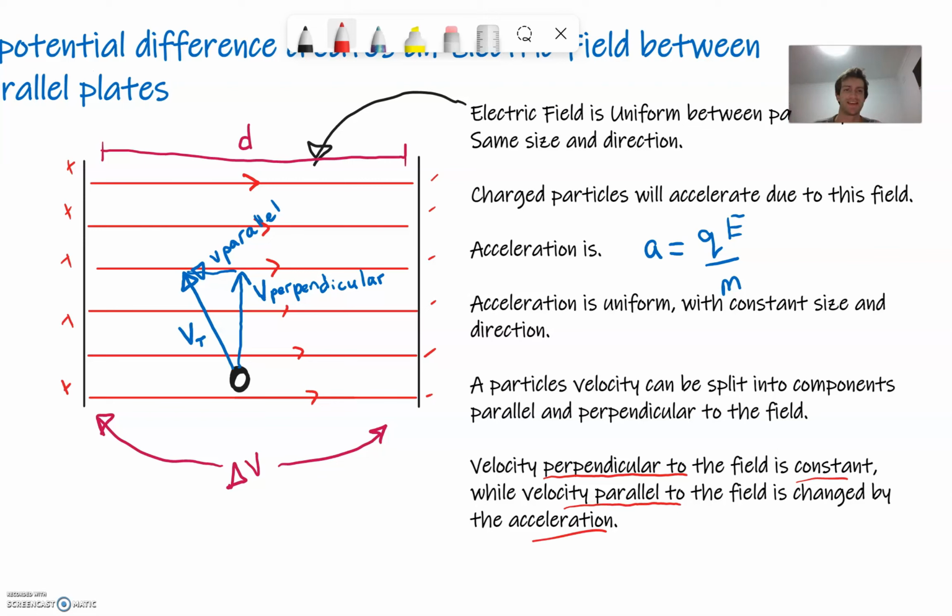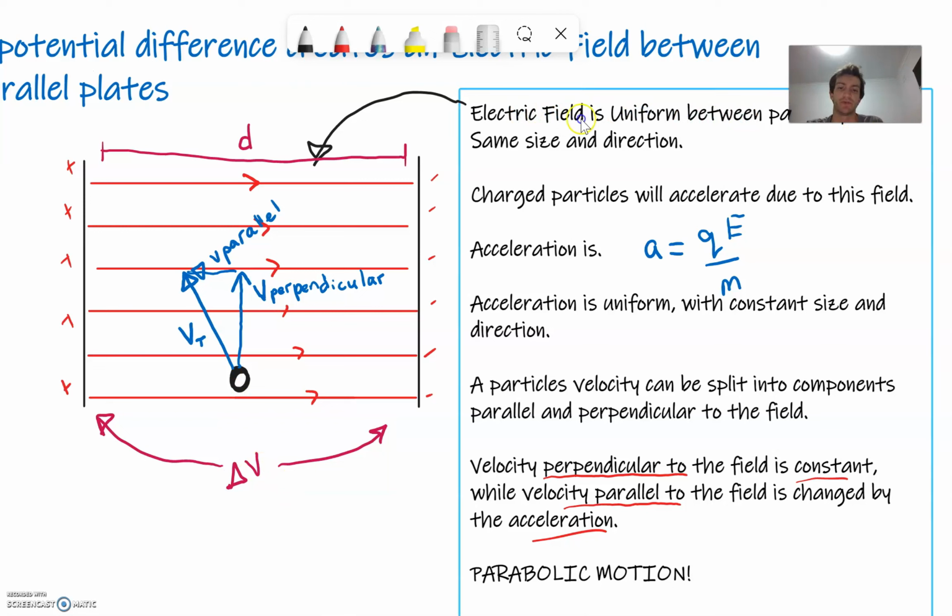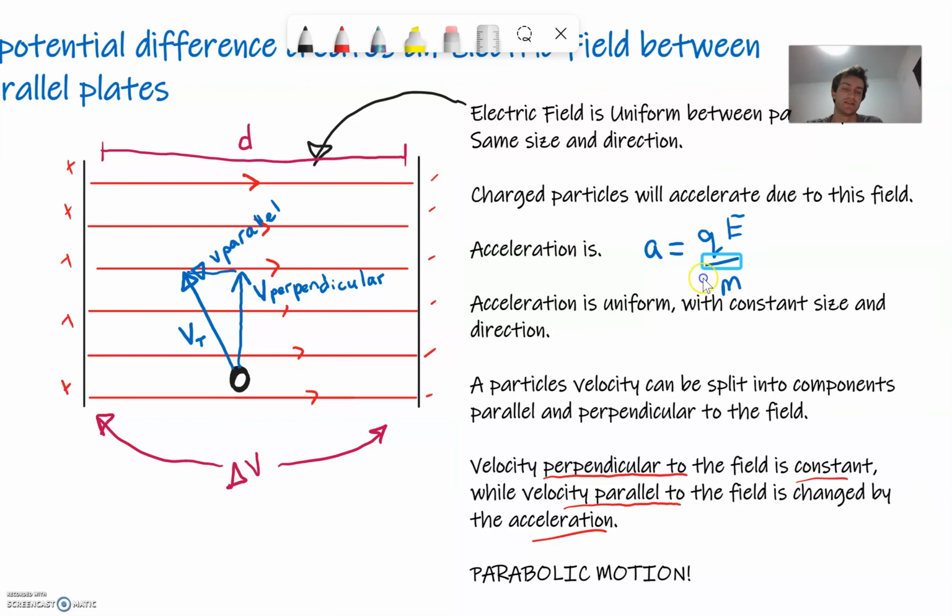And this results in parabolic motion, motion similar to projectile motion that we experience and see on Earth and in the projectile motion topic. So parabolic motion is what we get for charged particles within an electric field for these reasons. The electric field is uniform. Acceleration is given by this equation, so it's proportional to the electric field strength.